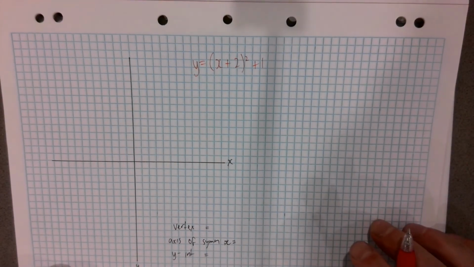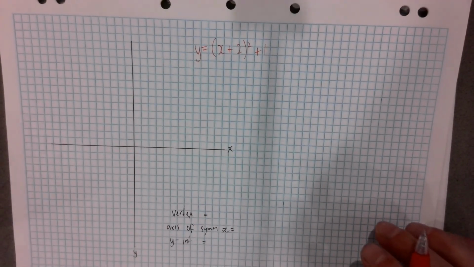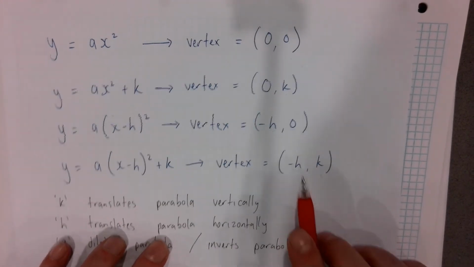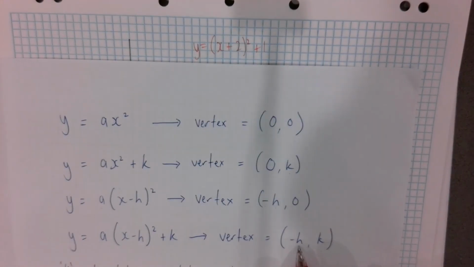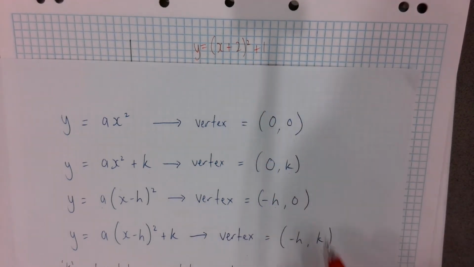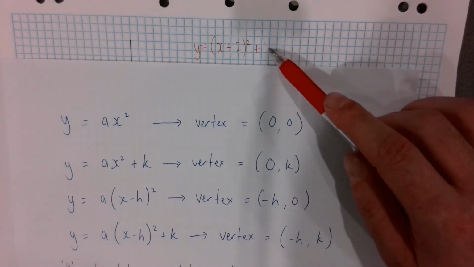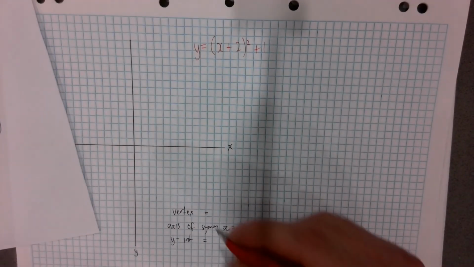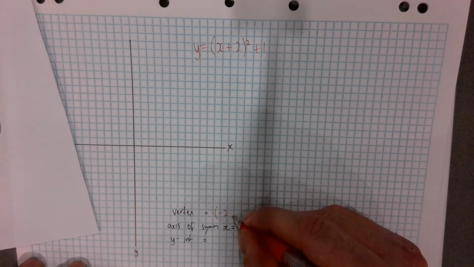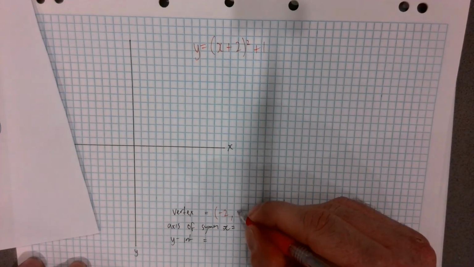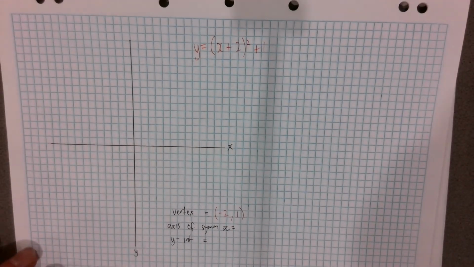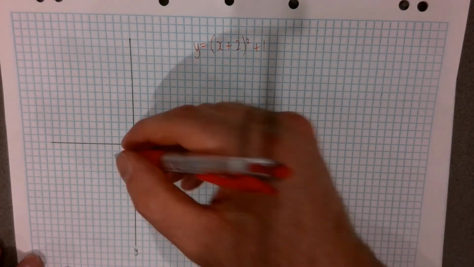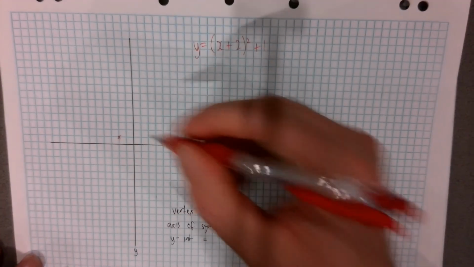So based on that, my vertex is going to be the opposite value of h, which in this case is positive 2, and the value of k, which in this case is 1. So, opposite of positive 2, negative 2, the value of k is 1. That's my vertex. Let's go ahead and mark that on our Cartesian plane. Negative 2 and positive 1.